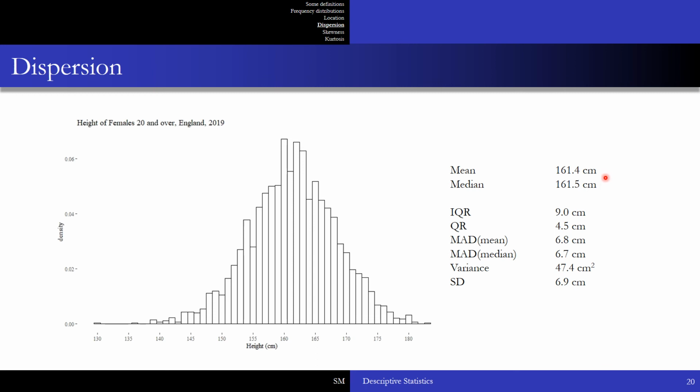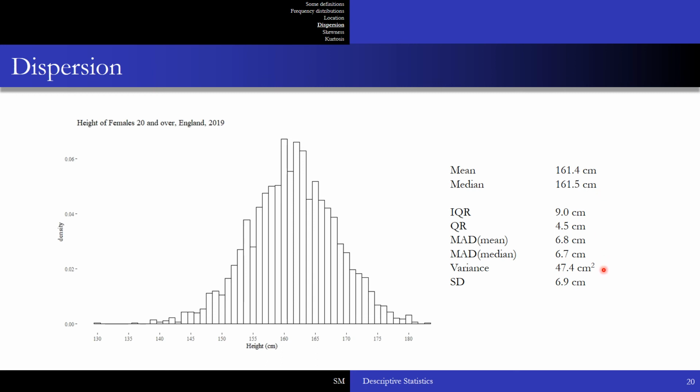So very close to each other indeed. Turning to the dispersion, the interquartile range is 9 centimetres. Half of that gives us the quartile range, 4.5 centimetres. The mean absolute deviation is 6.8 centimetres using the mean and 6.7 centimetres using the median. Again, these are very close to each other, which is what we would expect simply on the basis that the mean and the median are close to each other.